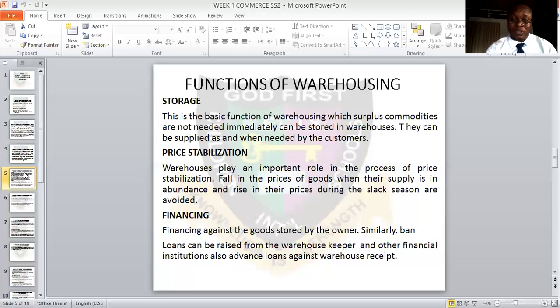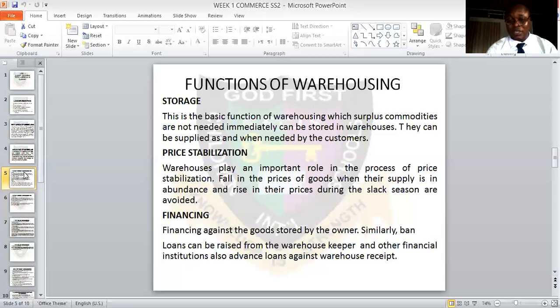So the next one is financing. Under the financing, there is financing against the goods stock by the owner. Then a bank loan can be raised from the warehouse keeper and other financial institutions.